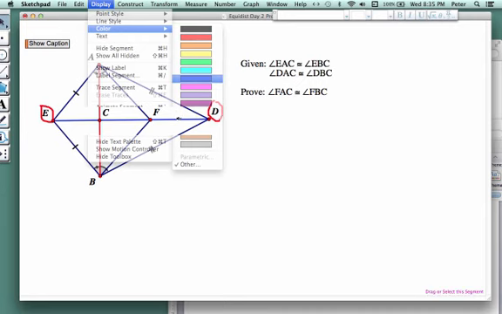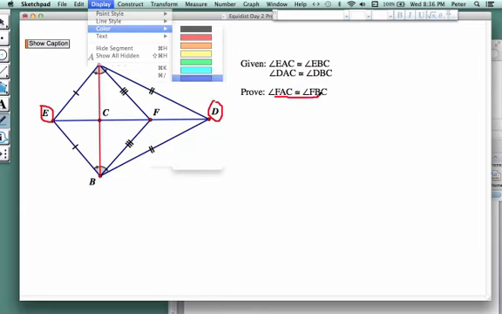And so any point on that perpendicular bisector, on that blue line, is going to be equidistant from A and B. Well, point F is on that perpendicular bisector, so it won't be hard for me to show that FA is congruent to FB. And then, if sides and angles, I can show that angle FAC is congruent to FBC.